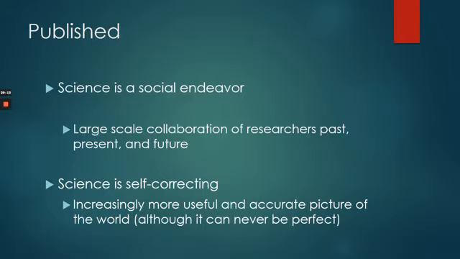And so we say it's self-correcting in the sense that we know that in science, we're going to have more and more of the picture, but the picture is never 100% perfect and finished. So we understand things better over time, but we never have the final answer. So we should never be 100% sold about our ideas or about our study, because we know that it needs to be tweaked in the future as people find more information.